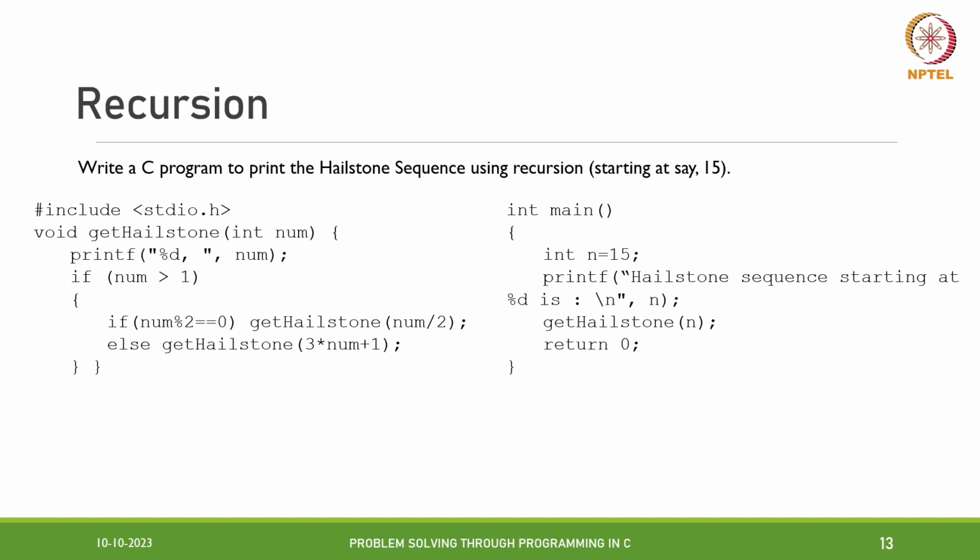So this will print something like 15. Then 15 is an odd number, so it will be 45 plus 1, 46. Then it will come to 23. Then again it's an odd number, so it will be 70, right? Then 35 and so on, and it will continue until it becomes 1. Is it clear how I'm using recursion here?